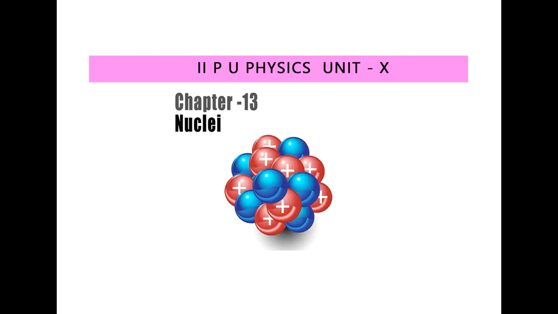In chapter number 12, Atoms, discussed in previous videos, you have studied the Rutherford experiment, after that Bohr's atomic model, and de Broglie's explanation for the atom. According to the previous chapter, the atom has the nucleus at the center.